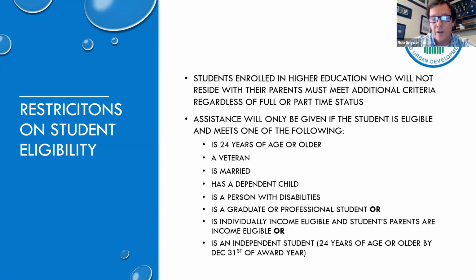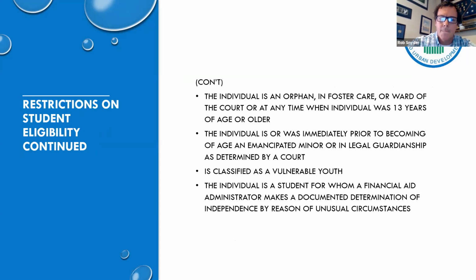So that program, in comparison here, really closes the gap for those folks. Here's some more of those restrictions for student eligibility, continued here. The second bullet there talks about emancipation or legal guardianship as determined by a court, if that was immediately prior to becoming of age.